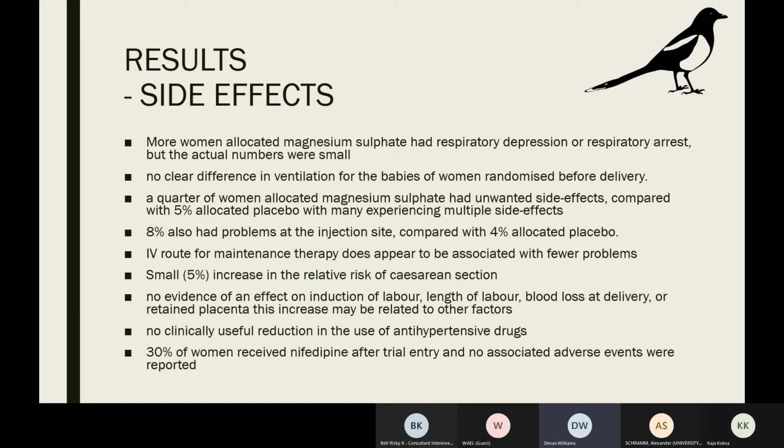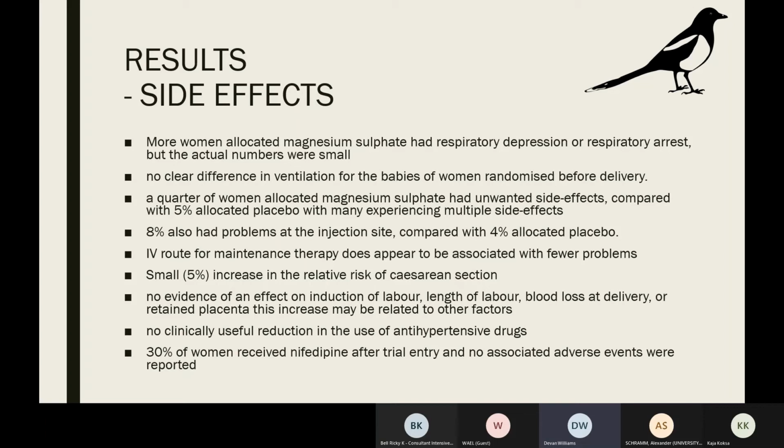They also found that the IV route of magnesium tended to be better than the IM route, which was used in some countries, and that there was a small increased risk of cesarean section in those who had magnesium. However, I don't think that would really change your management too much nowadays.